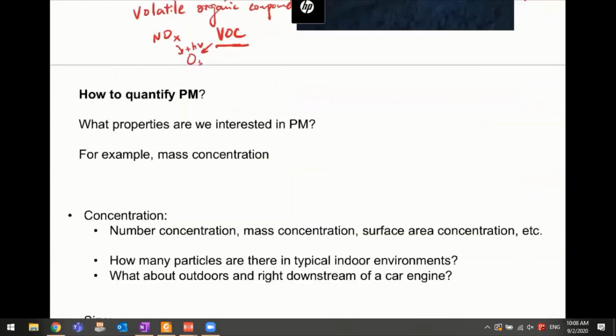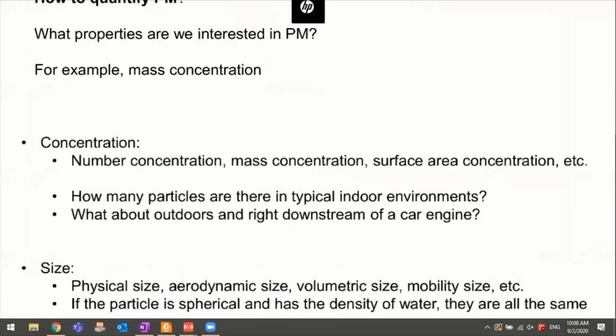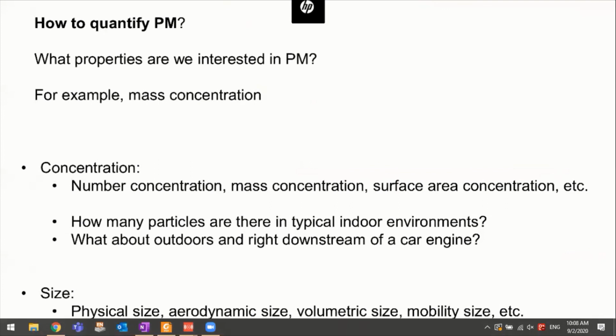And then because the PM is very important, we also have to know how we're going to quantify the PM, right? So basically, what are the properties that we're most interested in the PM? So of course, mass concentration is very important because EPA and NAAQS, basically in that table, it tabulates the limit of the mass concentration for PM 2.5 and PM 10, right?